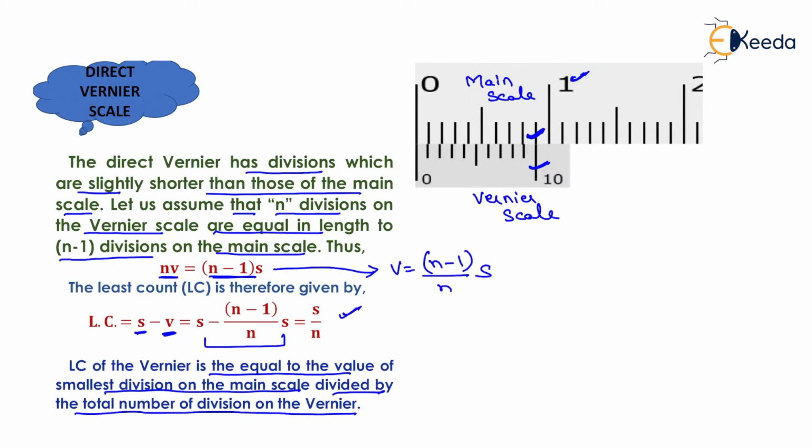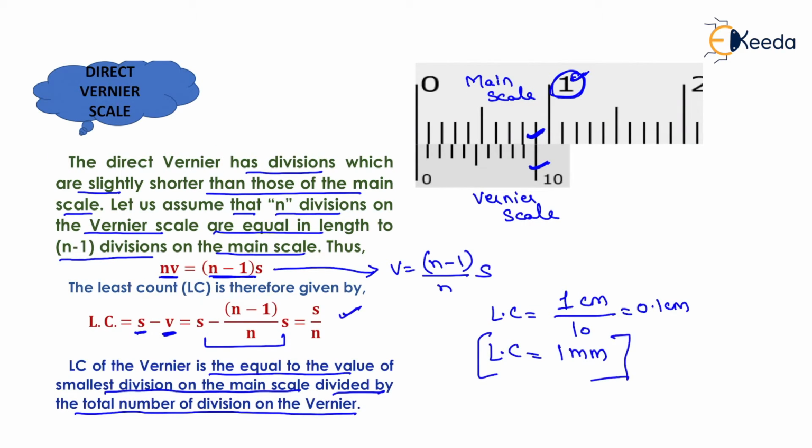Suppose that the 1 centimeter value on the main scale has been divided into 10 divisions of the vernier. So we divide 1 centimeter by 10 divisions and we get 0.1 centimeter. So the least count of this scale will be 0.1 centimeter, or 1 mm. That is the least count of the direct vernier.